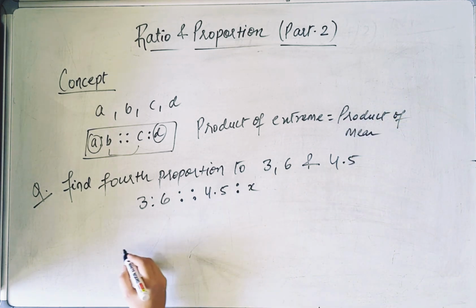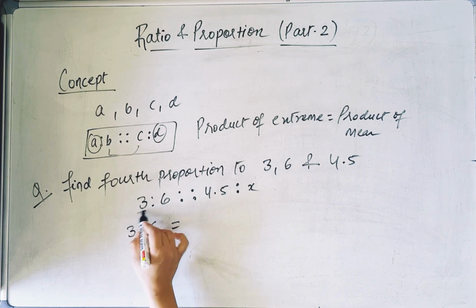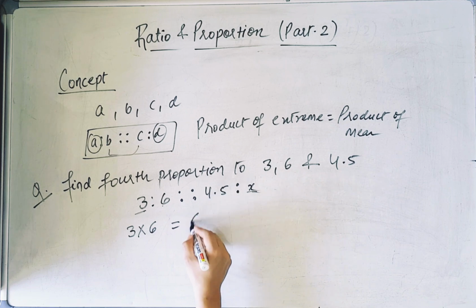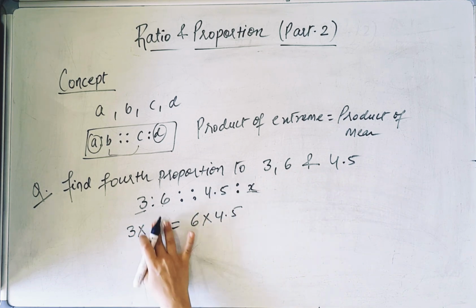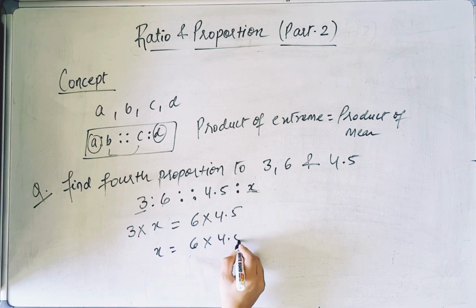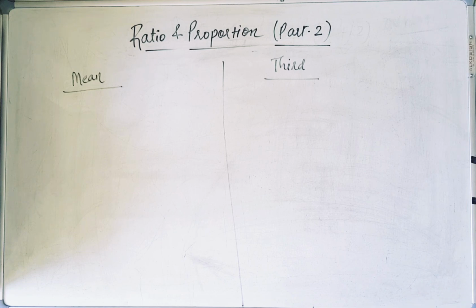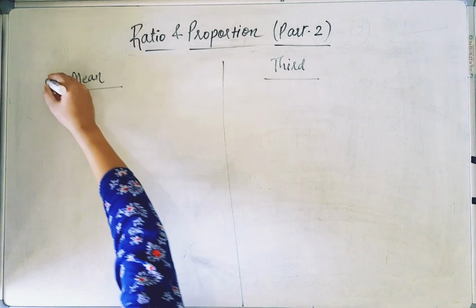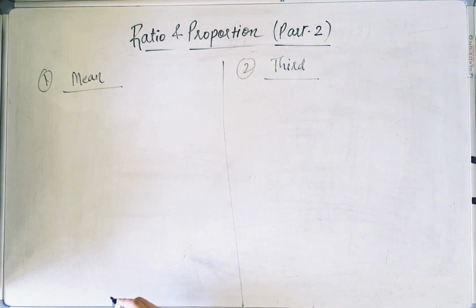So here we'll do the same thing. 3 into x equals, see, this is the extreme and this is the mean, so 6 into 4.5. So the value of x will be 6 into 4.5 by 3, thus 3 into 2 is 6. So x will be 9.